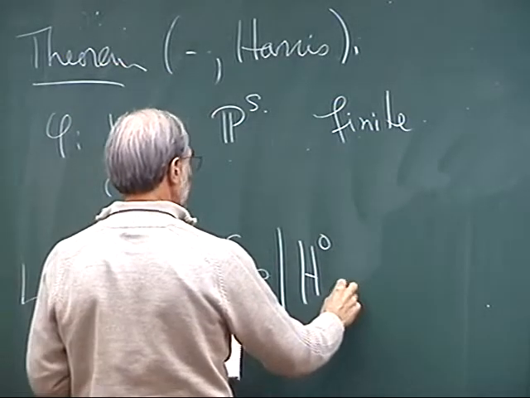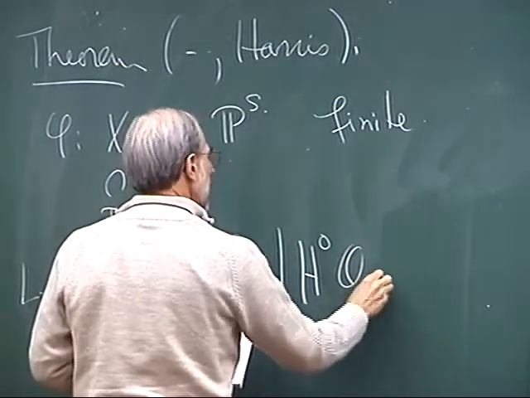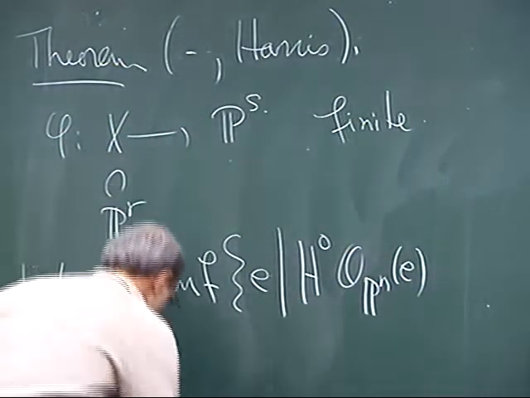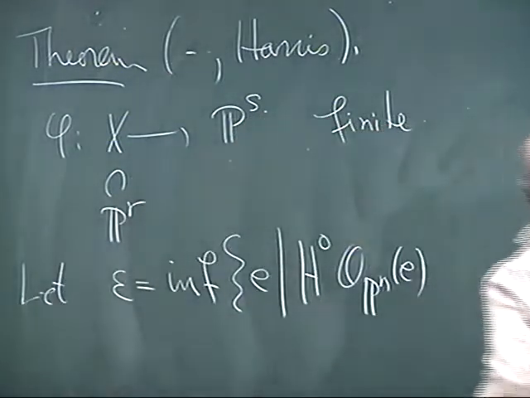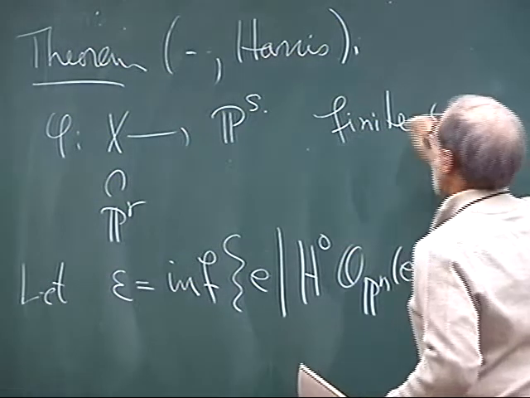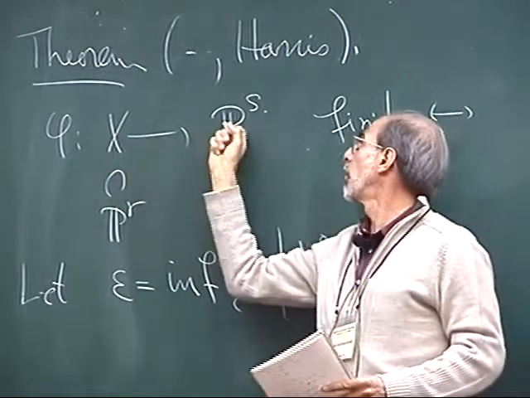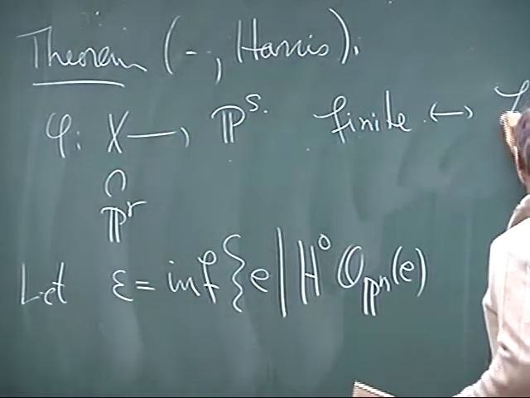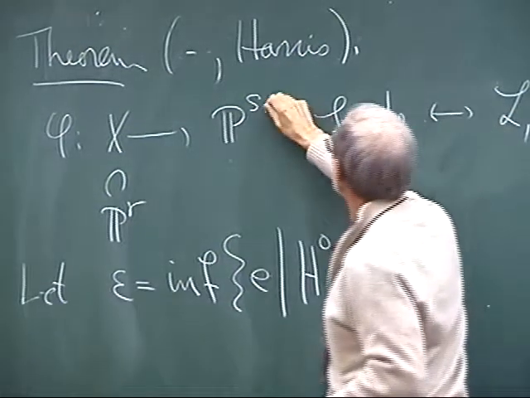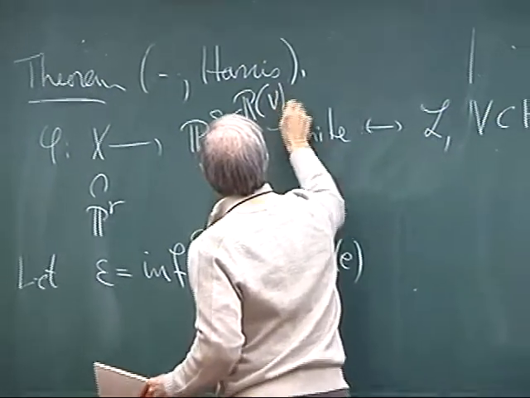You can look at H^0 O_{P^n}(e) tensor, well, now we need some notation actually. A morphism like that, of course, has to do with a line bundle L, the pullback of the O(1) on P^s, and the space of sections of that line bundle, V. And this P^s is really P(V).